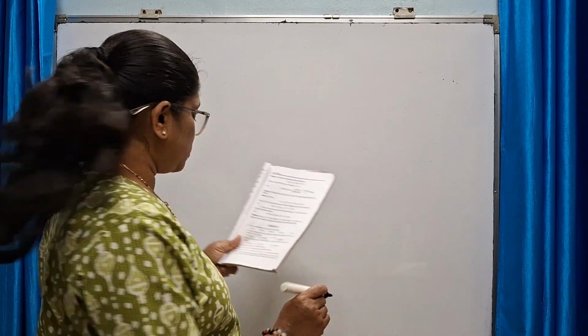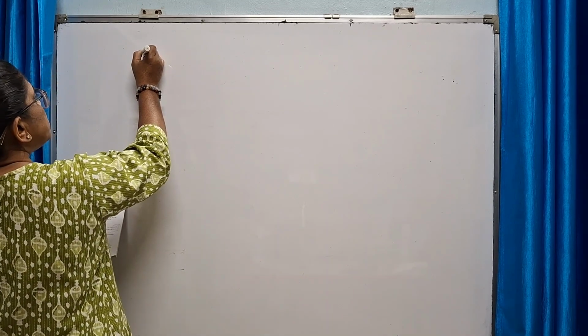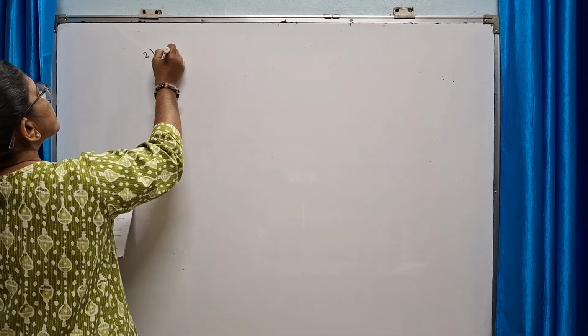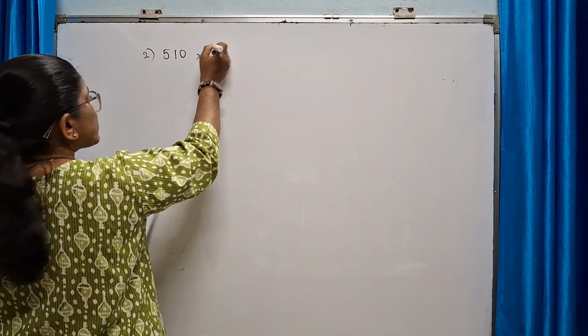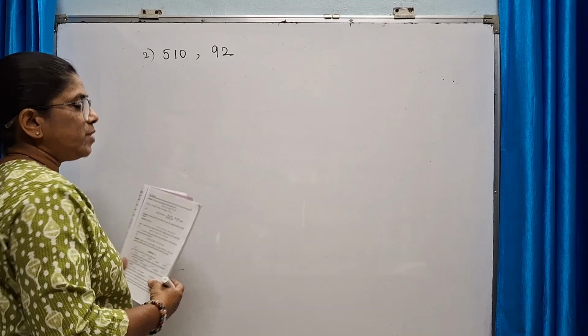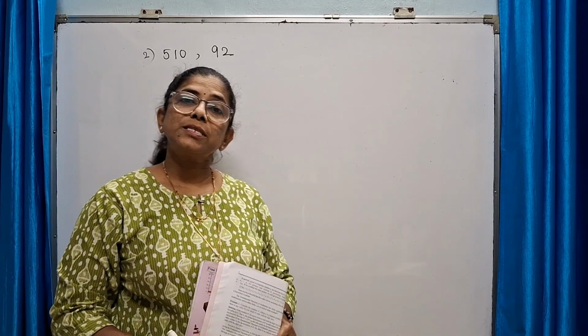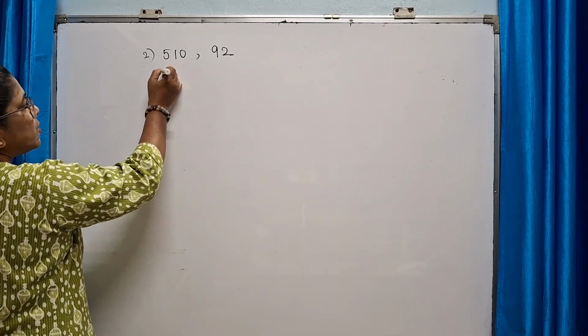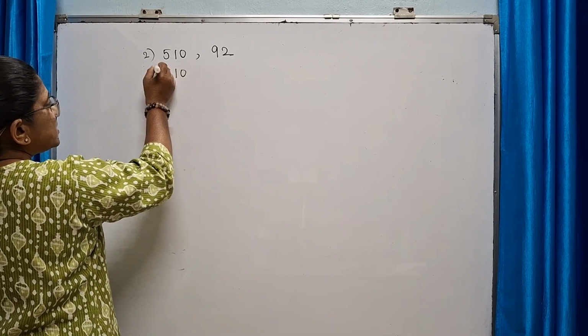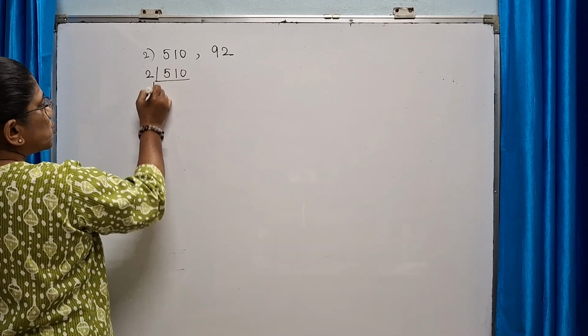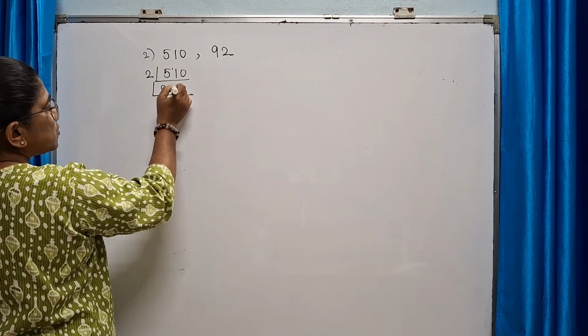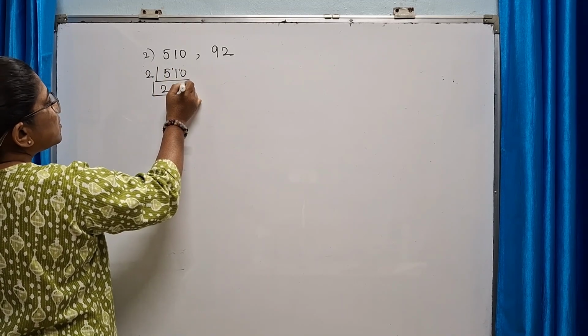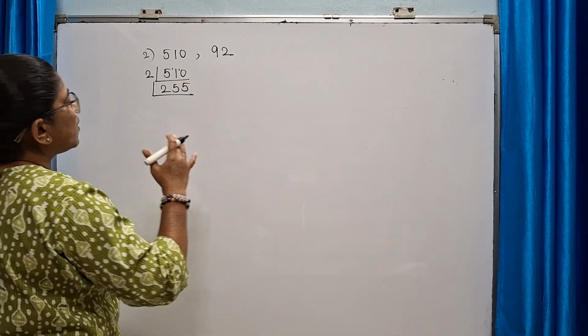In the second question the pair of numbers is 510 and 92. We have to first find the HCF and LCM of 510 and 92. Let's start the division of 510. Divide by 2: 2 2s are 4, 2 5s are 10, so 255.